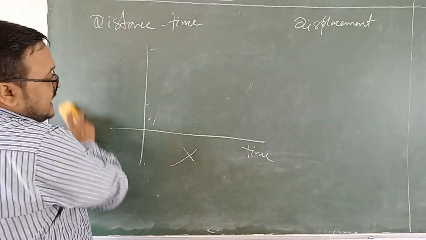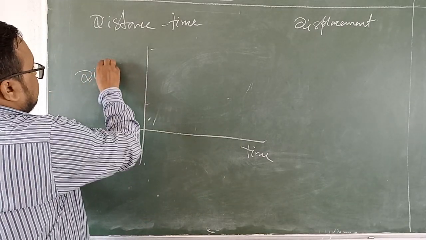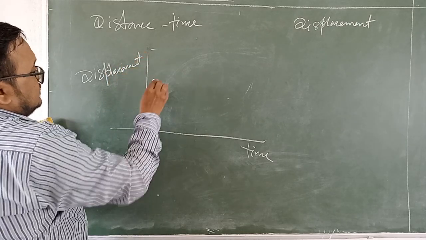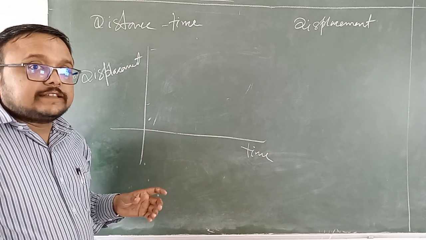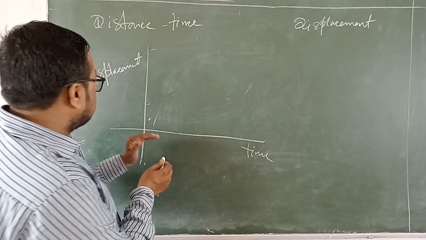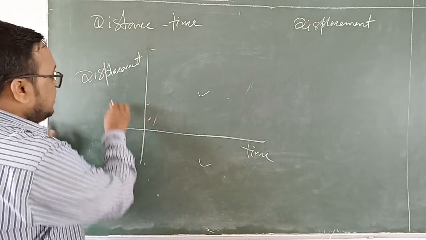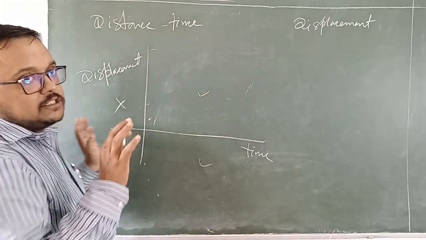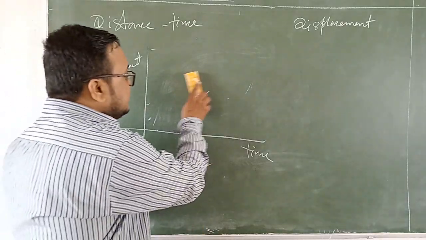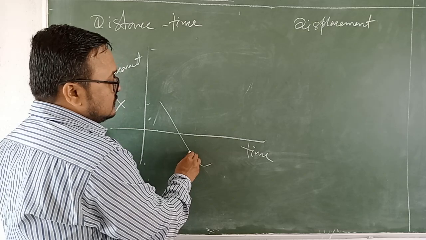And when we take displacement time graph, then what will we observe? Displacement may be negative, so this portion and this both portion will be used. Time never be negative, so this and this portion not be in use. And displacement, we know that displacement is negative, so we can go negative side.